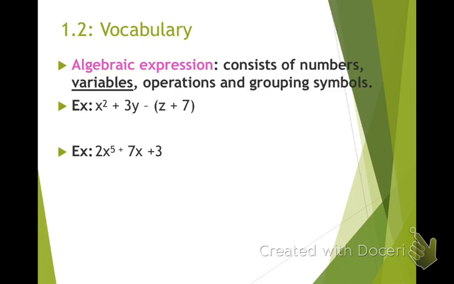Okay? X squared plus 3y minus the quantity of z plus 7. Or 2x to the 5th plus 7x plus 3. Algebraic is going to have numbers and letters or variables. Numeric is just going to be strictly numbers.